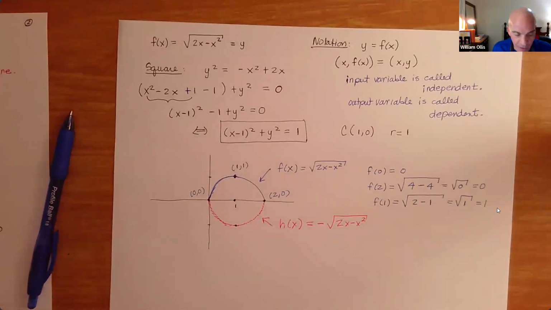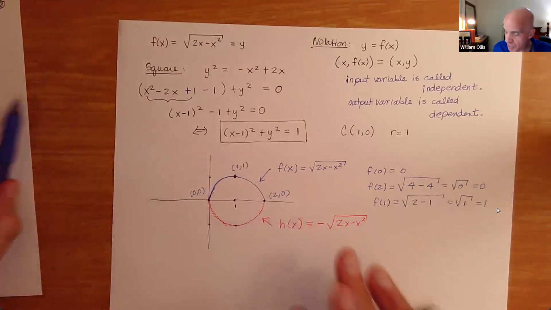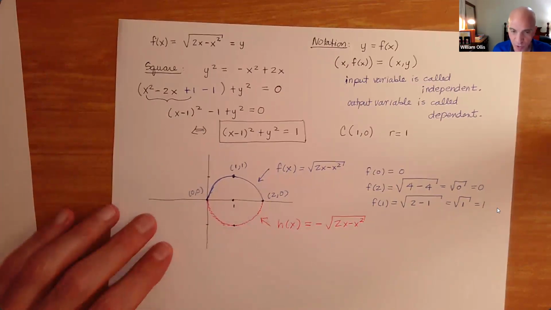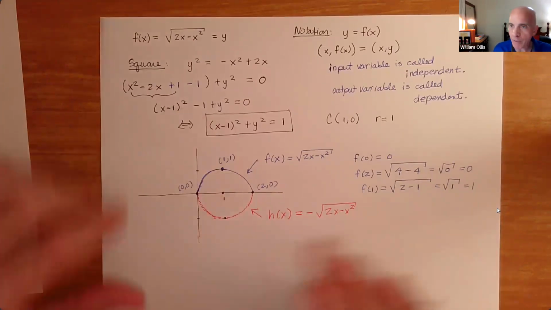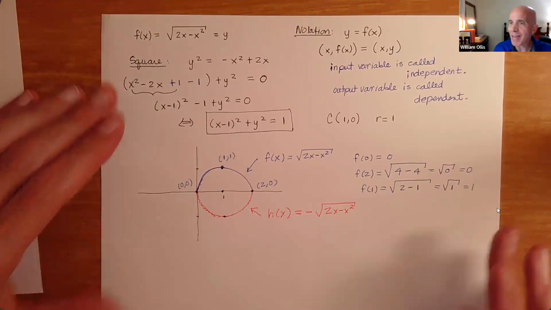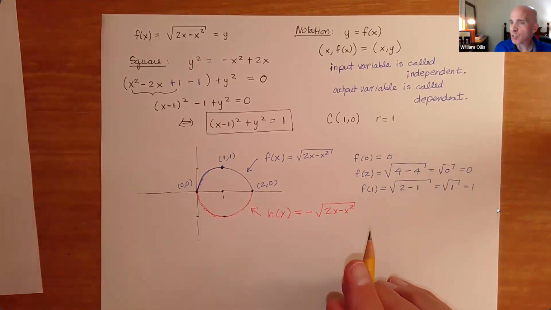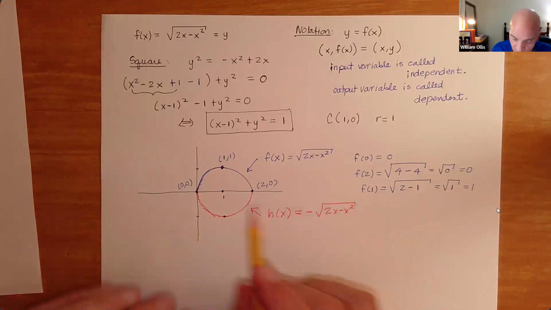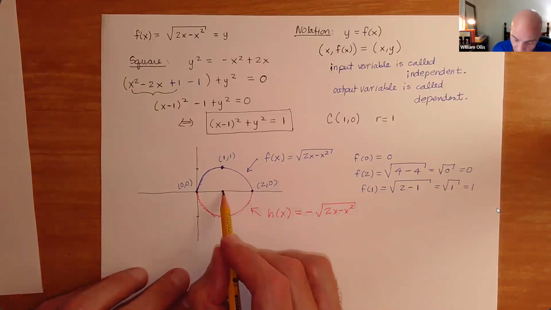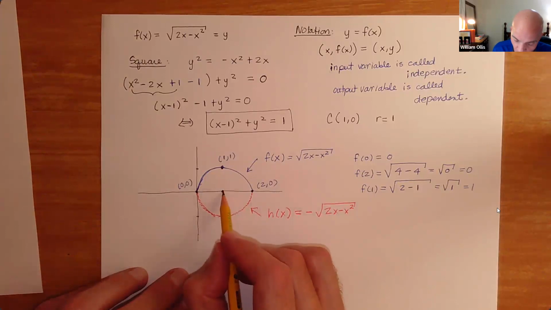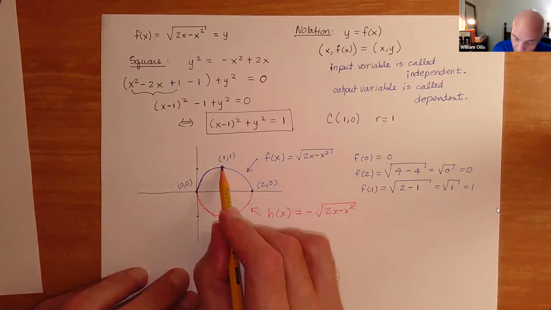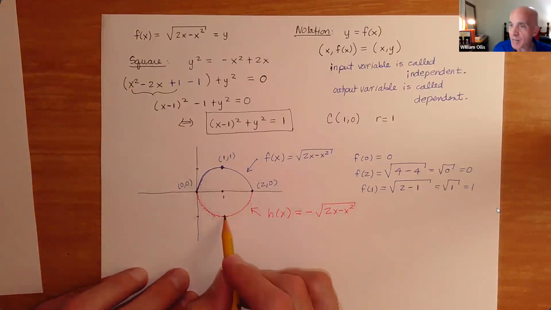So lots of times you'll see in homework exercises where they say, if you look at the graph of a circle, would that define a function as we understand it? And of course, you would say no, because you see that 1 would have an output of 1 and also an output of -1.